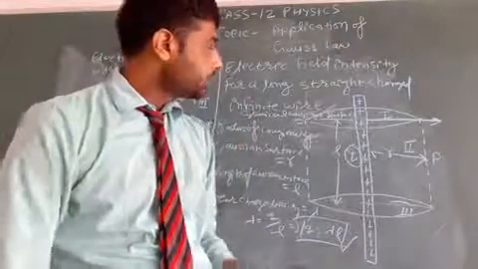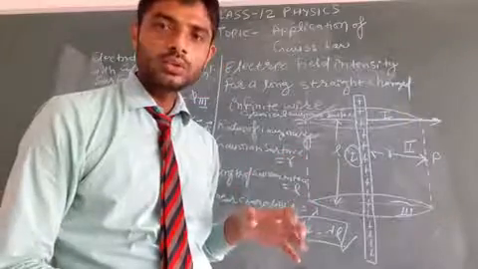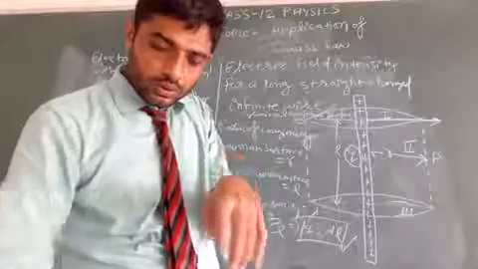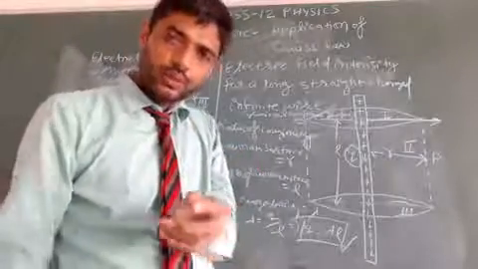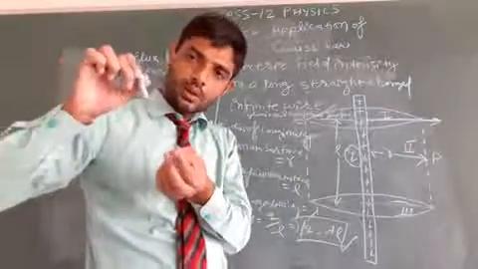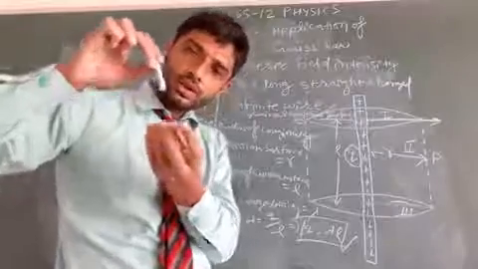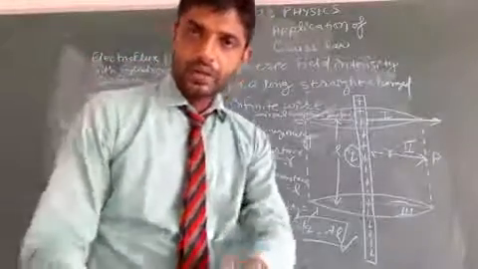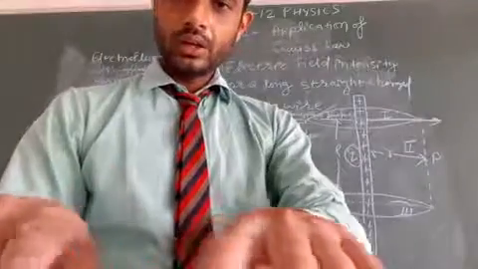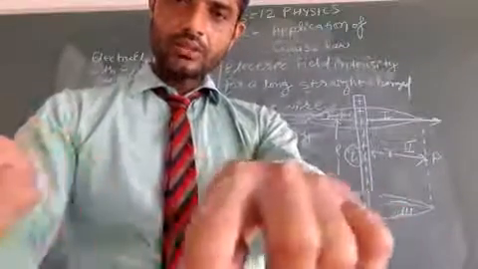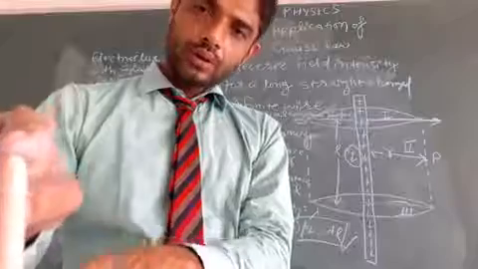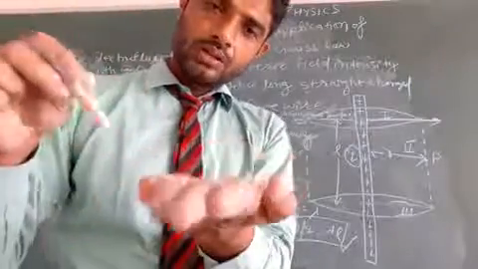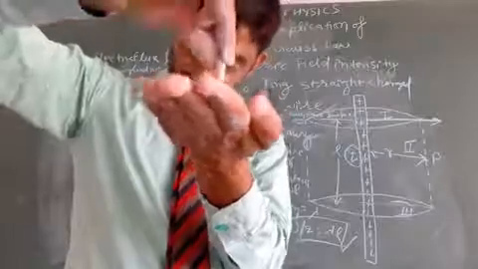And the area vector related to the top. This is the top. So for electric, this area vector is normal to the surface. So as you can see, if this is a cylindrical surface, this is top, so the area vector is normal to the plane. This is the plane, then area vector is normal to the plane.